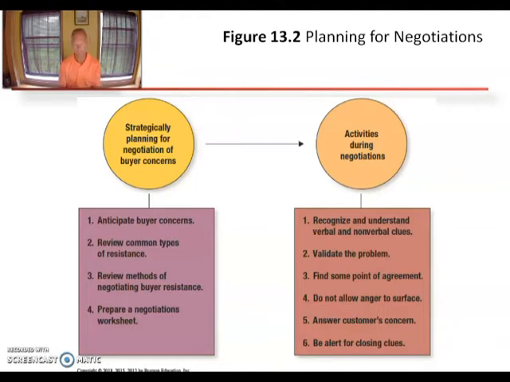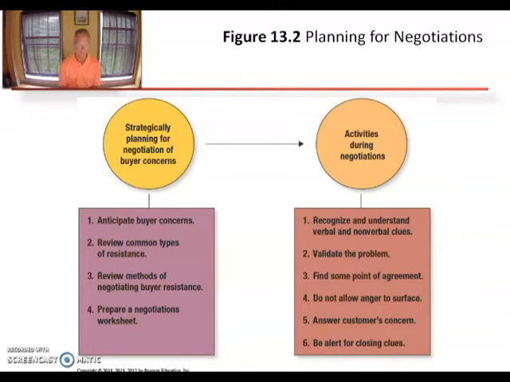So you have to anticipate your buyer's concerns, and you have to recognize and understand the verbal and nonverbal cues as you're in the meeting. If you can do your pre-work first and anticipate what buyer concerns you're going to have, it'll make it easier during that negotiation.